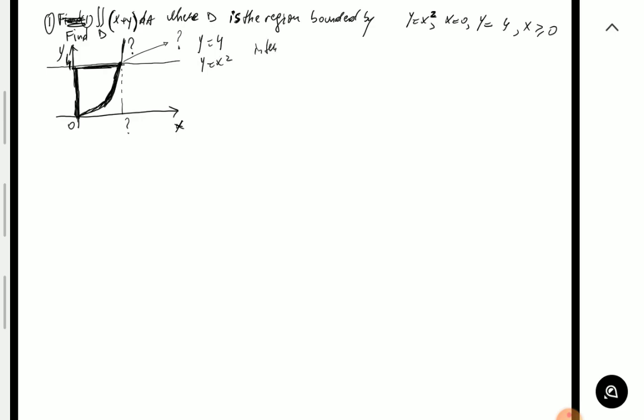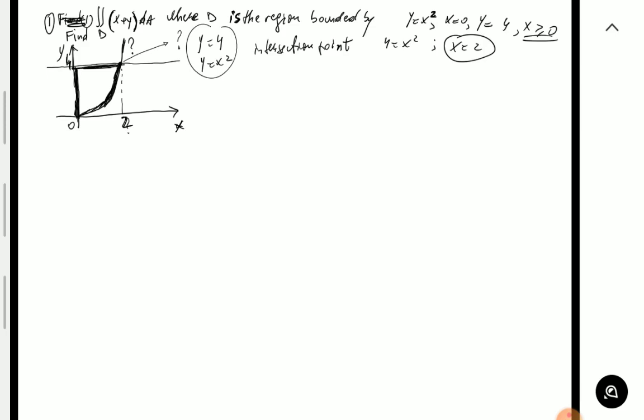You may have to solve these little 2x2 systems in order to find the intersection point. In this case, obviously, you can do it in your mind, because you can set these equal to each other since both of them represent y. I want x greater than 0, so x is equal to 2. All right, so the right bound here is 2.